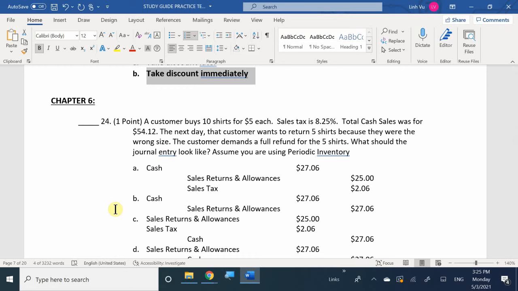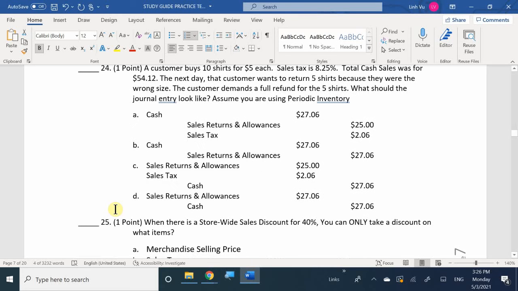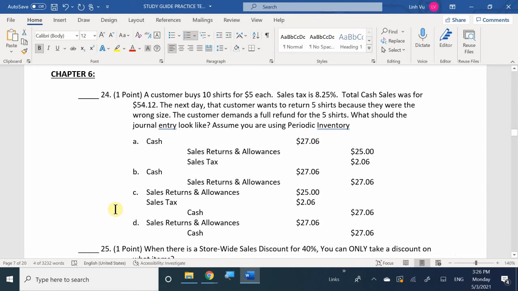If the next day the customer wants to return 5 of those shirts because they were the wrong size, then the customer demands a full refund for the 5 shirts. What should the journal entry look like? Assume that you are using periodic inventory. So here's options A, B, C, and D. Which one looks most accurate?